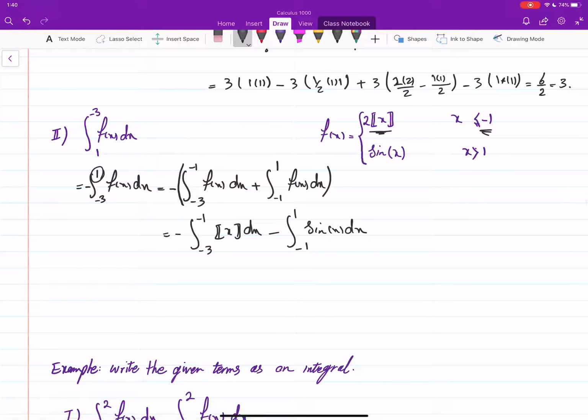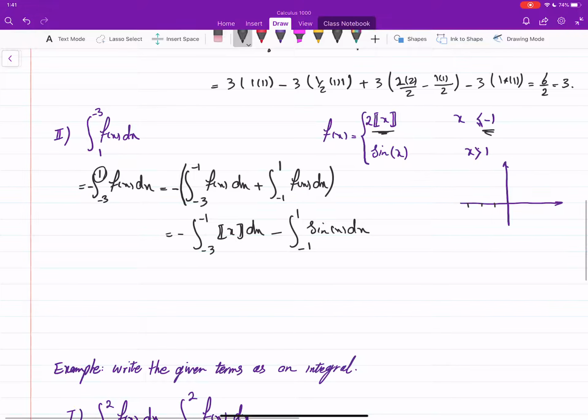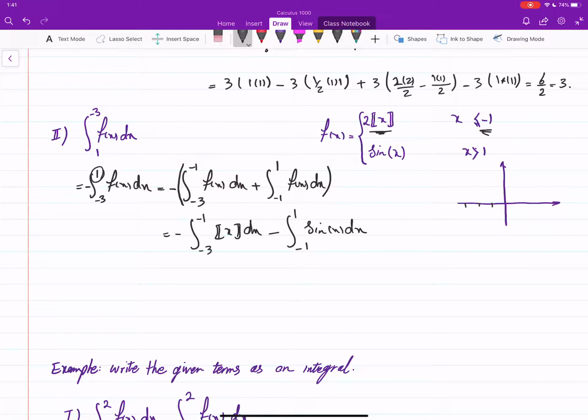When you look at this, the greatest integer, we can sketch the graph of greatest integer there. It goes from -3 to -1. So here it is like this. Then we have like that and like this.